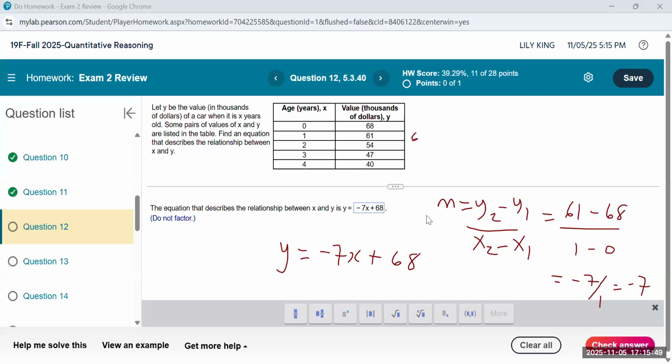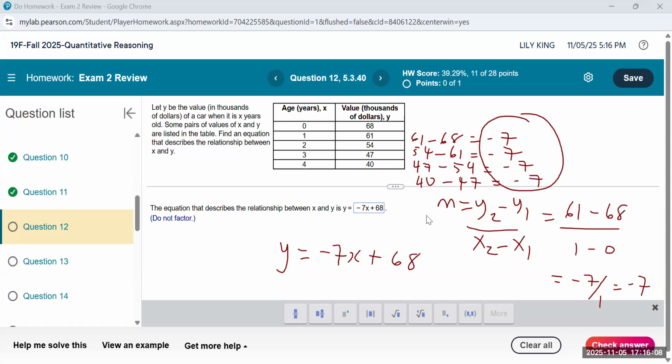So 61 minus 68 gives negative 7. 54 minus 61 gives negative 7. 47 minus 54 gives negative 7. 40 minus 47 gives negative 7. So you're going to have the constant negative 7 from time period to time period. And that constant value, which is your absolute change, is your slope.